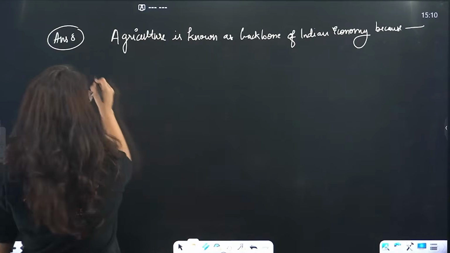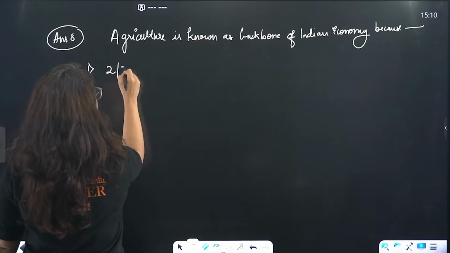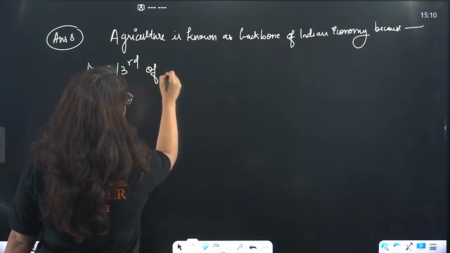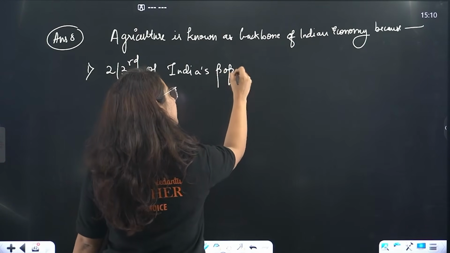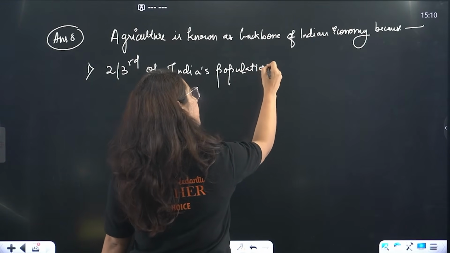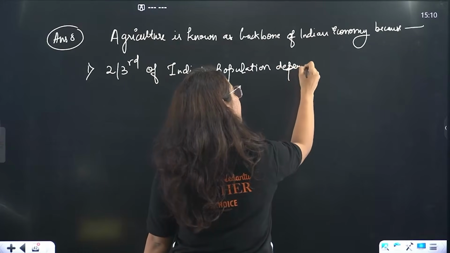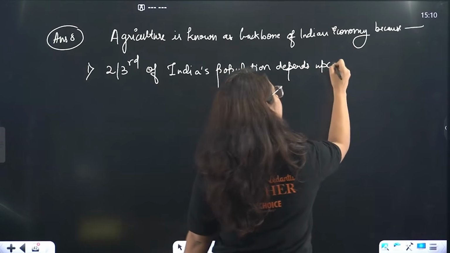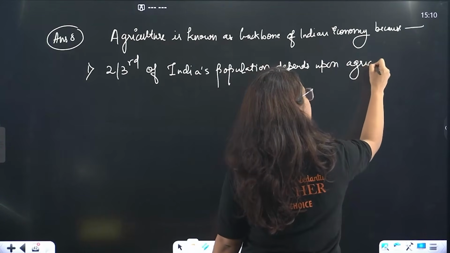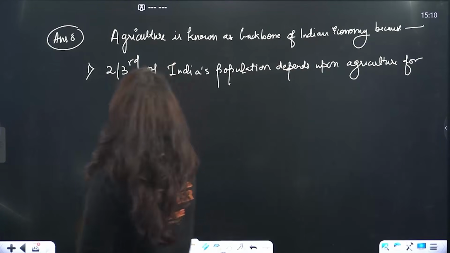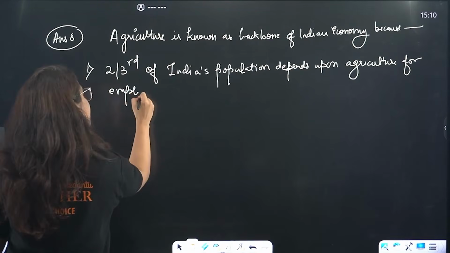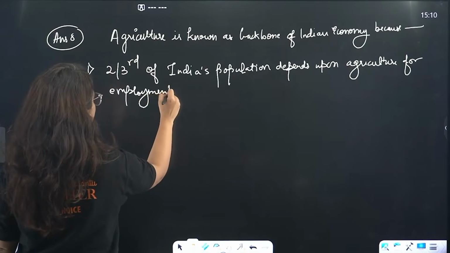The first thing is that beta, 2/3 of India's population, right, depends upon what beta, depends upon agriculture. For what? Agriculture for employment, okay, for employment. That is the first point, right?